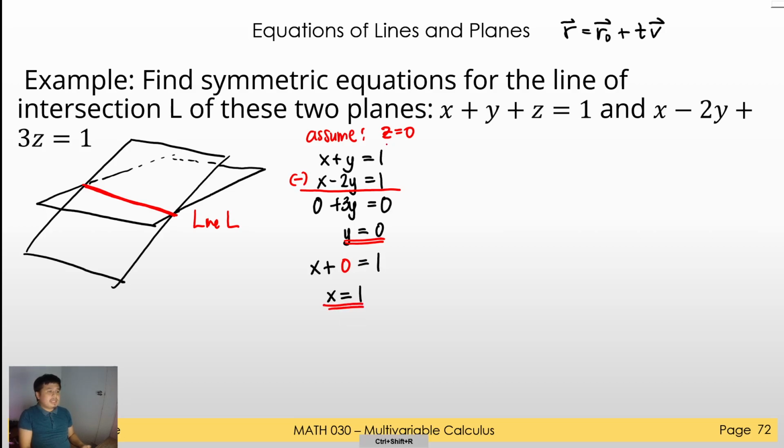Therefore, one of the points, the arbitrary point P sub 0, with x, y, and z, is 1, 0, 0. This is for any arbitrary point on this line that we can pick. And what's next here?